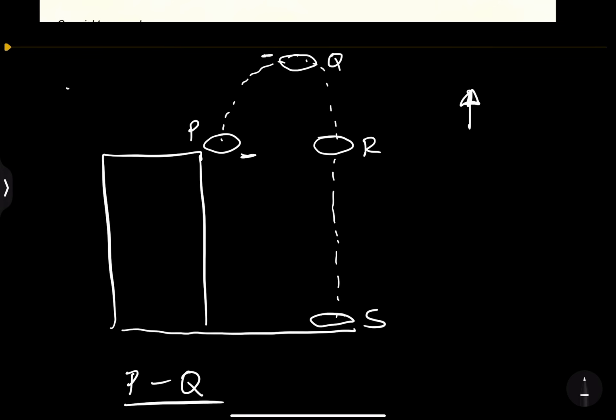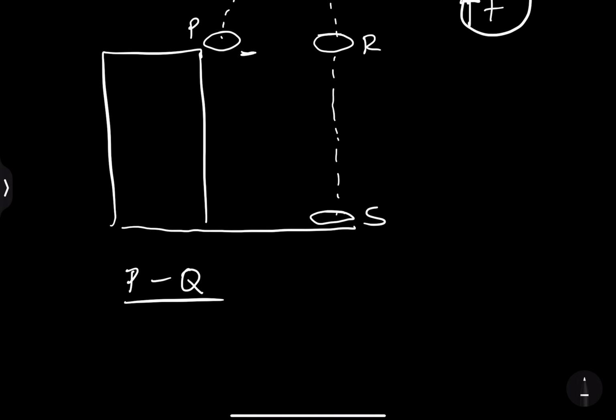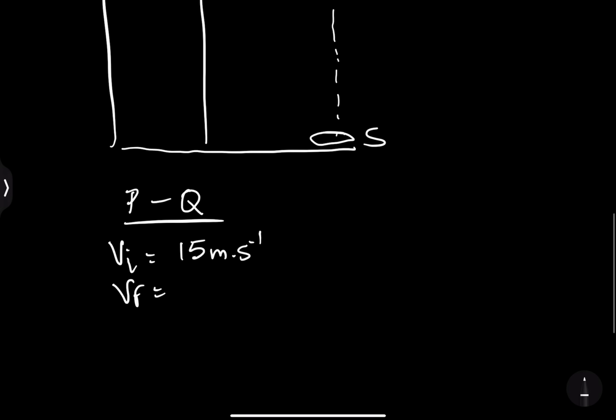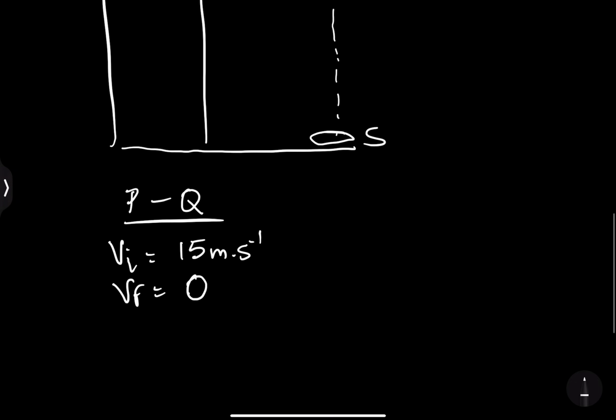It doesn't really matter; even if you took downwards as positive, you would still end up at the same answer. So I've got initial velocity, which is positive 15 meters per second. Final velocity is 0, because remember that when it gets to maximum height, it stops momentarily. So our final velocity is 0 at Q. And then gravitational acceleration is minus 9.8.